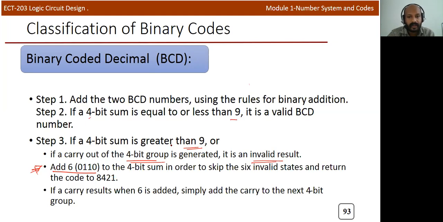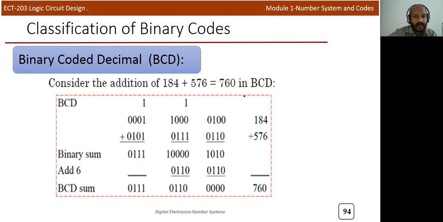This is the normal procedure whenever the result is greater than 9 or the 4-bit addition results in a carry: we add 6 to that particular result. And if there is a carry, again we will add to the next 4 bits. Anyway, we will discuss one question, then we'll get an exact idea.